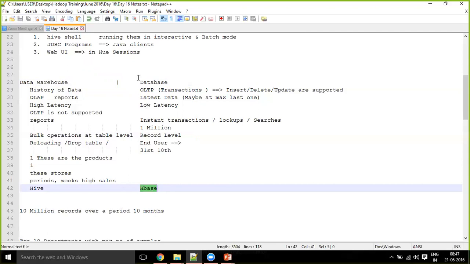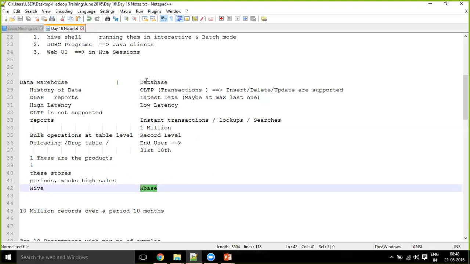For now, just focus on the left side part. We'll discuss the HBase things during the HBase sessions. So the limitation of Hive is that it cannot support transactions. There should be someone who does that job as well for me. Suppose you want to check only one employee record; instead of waiting for a minute or so, it would be better if you can get that in milliseconds or seconds at least.